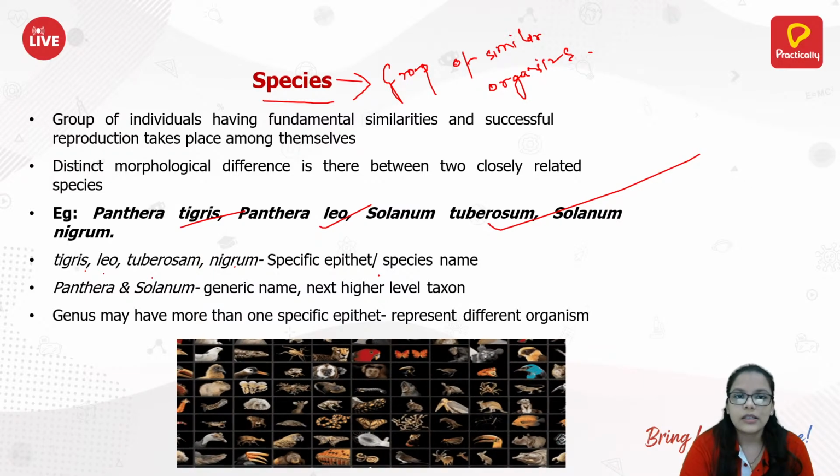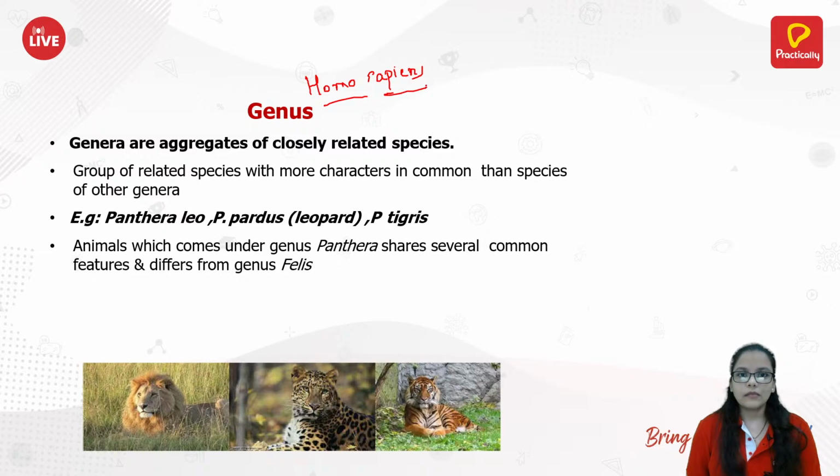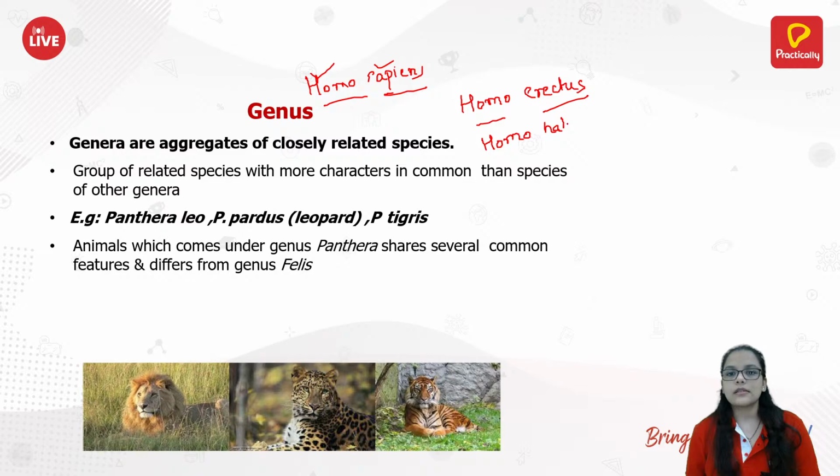Now the next thing is genus, the one word, Homo. Homo sapiens, humans. Sapiens is the species, as I said, and Homo is the genus, that group. Our ancestors were named Homo erectus. There was also another called Homo habilis.